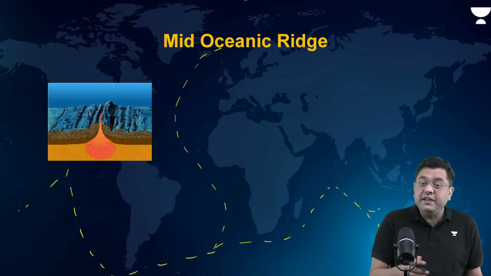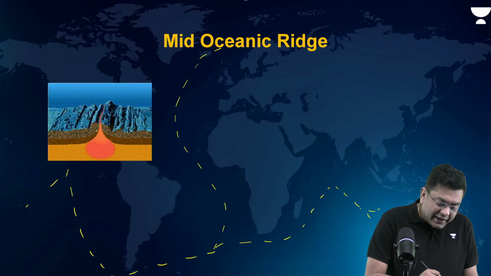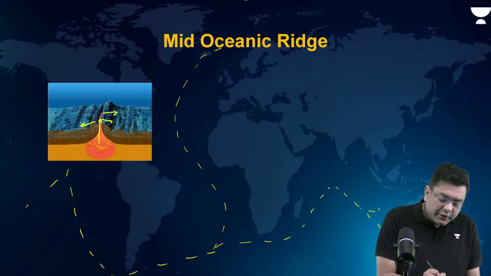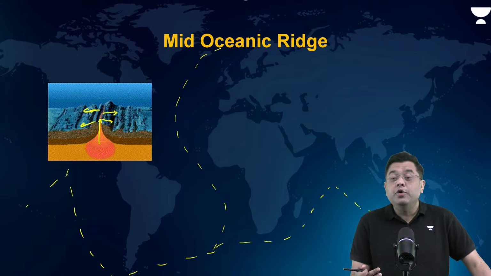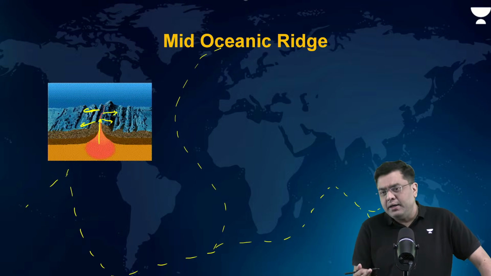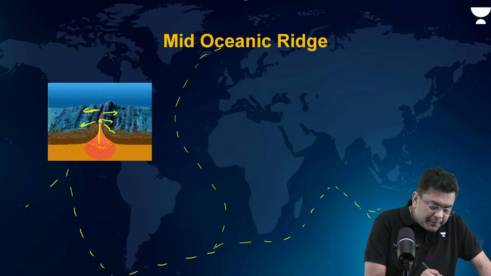So you will have these underneath the oceans. So what happens is that underneath the ocean, molten materials emerge and they spread. This is known as the mid-oceanic ridge. Why the name mid-oceanic? Because generally present in the region of the oceans. And why ridge? Ridge is this kind of shape.